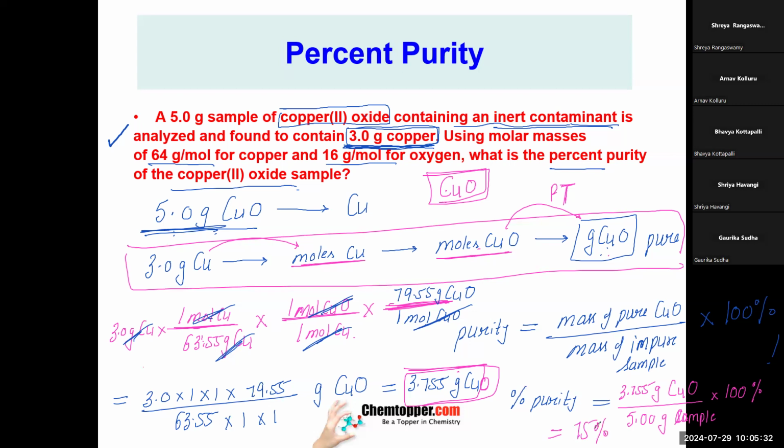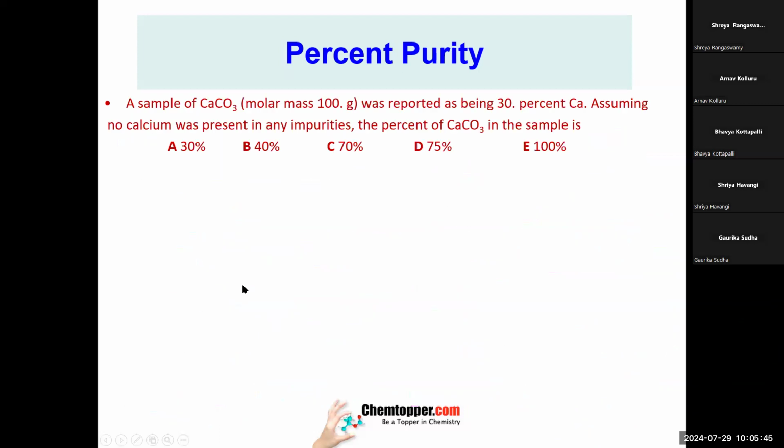Is it understood? So this is one type of question which is based on percent purity. Okay, let's go to the next type of question. Yes, here. Read the question.